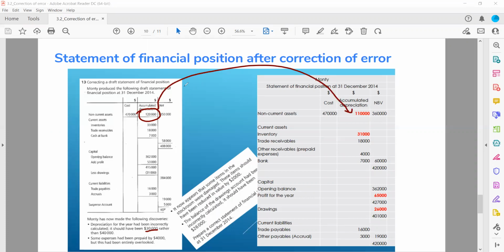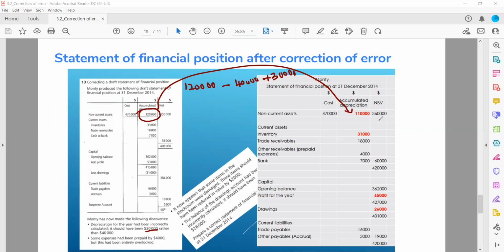So we have to make an adjustment. How do we get this adjustment? We take 120,000 minus 40,000, so we are left with 80,000. After that, plus 30,000. So we get 110,000 for the accumulated depreciation.